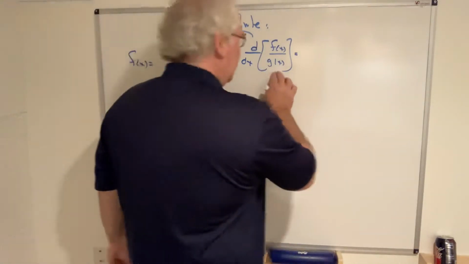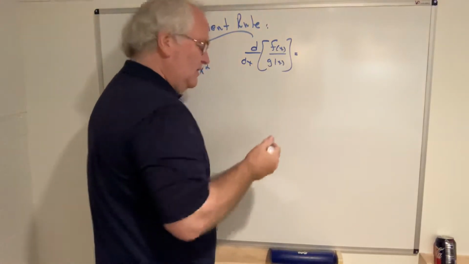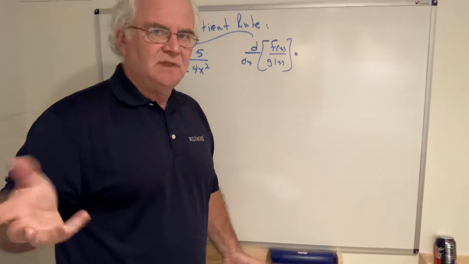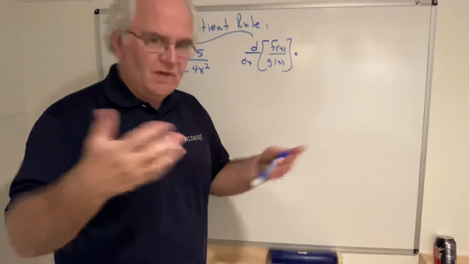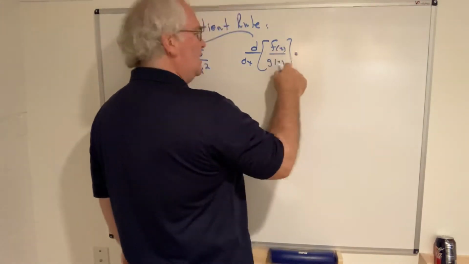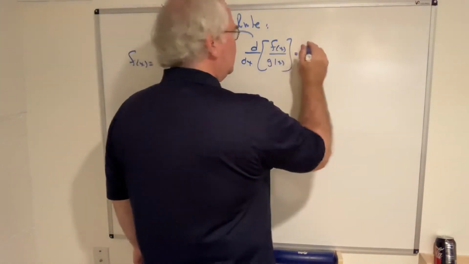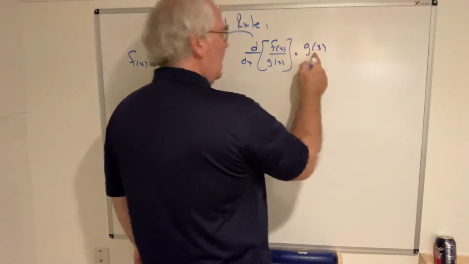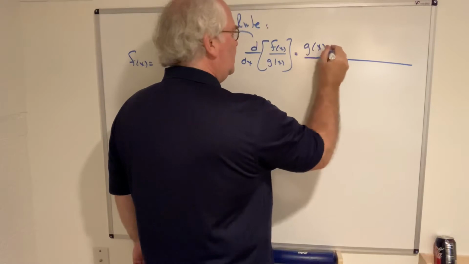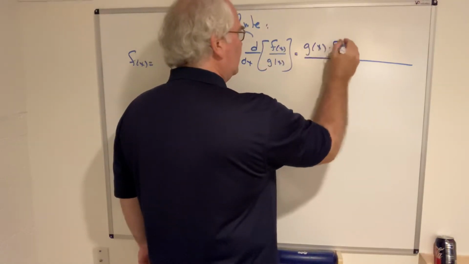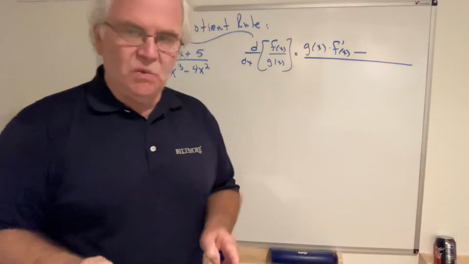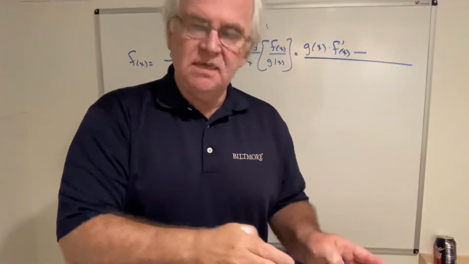All right, the quotient rule is this. It seems like the quotient rule is one of those rules where the teacher's just making it up to make it difficult. It's not. This is the way things actually work out. It's denominator times the derivative of the numerator minus, notice the product rule, product is plus.